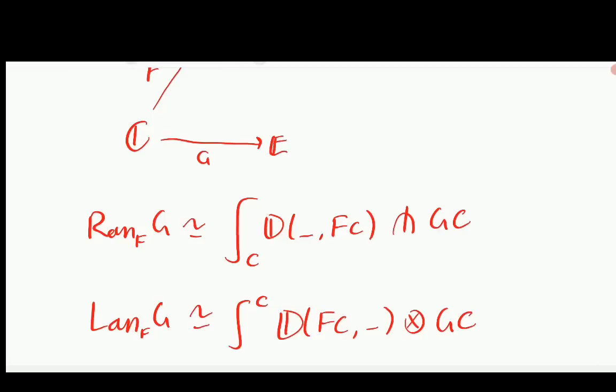Basically, we were able to write a coend as a weighted limit, and a weighted limit as a Kan extension. So this sort of closes the circuit now, and we're able to actually write our Kan extension as a coend.